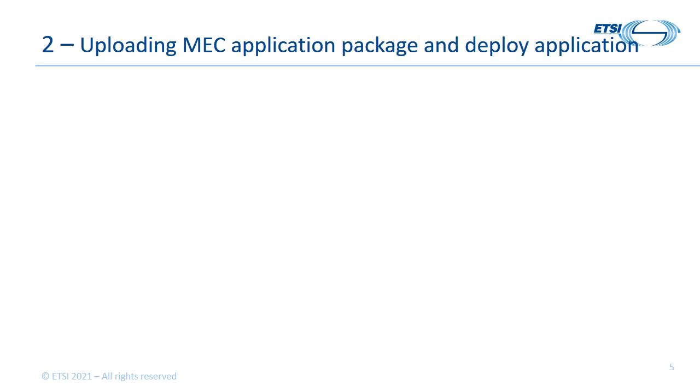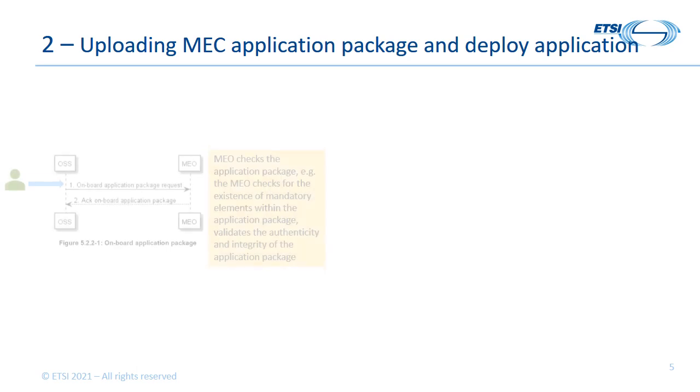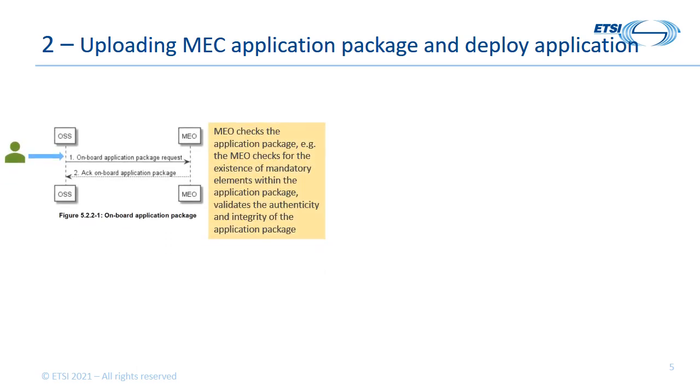When an application package is ready, the client can onboard it into a MEC system. During this procedure, the MEO checks the application package. For example, the MEO checks for the existence of mandatory elements within the application package and checks the format of the application image and the format of the application rules and requirements.